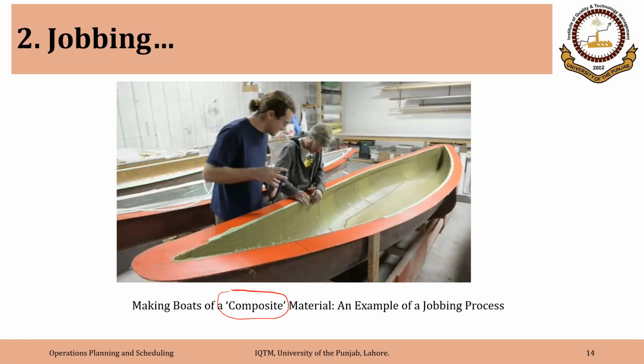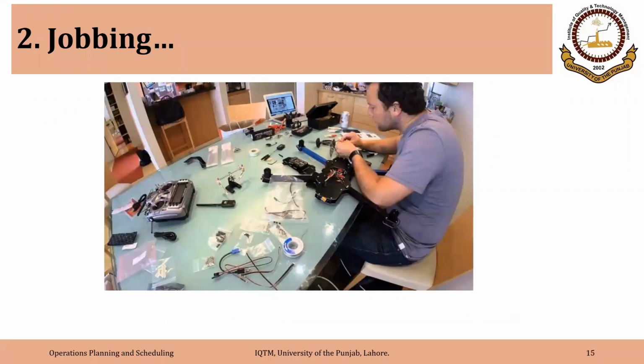So jobbing, I didn't mention previously, does require higher skill of the workers. It requires a lot of craftsmanship. So you can imagine from here that making such boards will require some special expertise and skills on the part of the organization that is making it. So again, you will be making one or a few of such boards. So that is an example of a jobbing process.